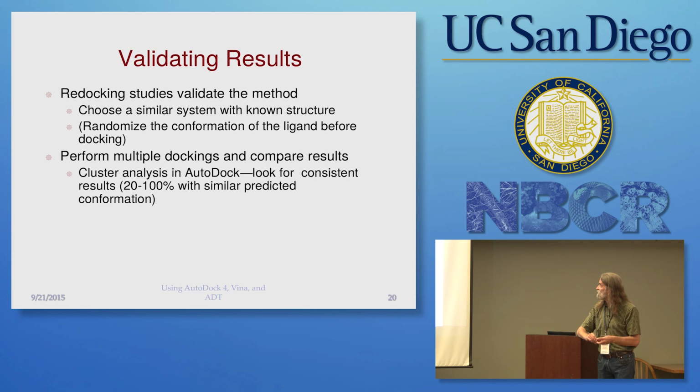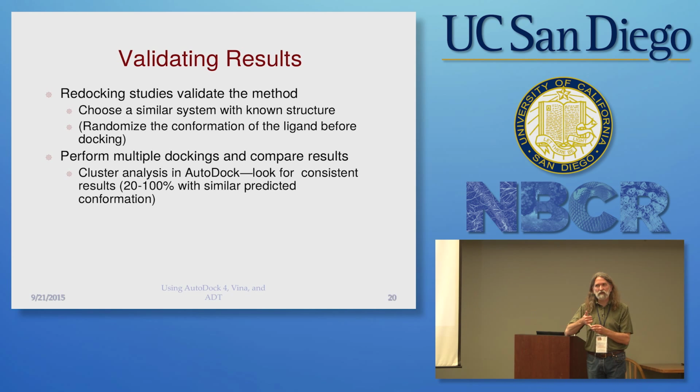And the way that you can validate that is to try to come up with a known structure. If your crystallographic structure has an inhibitor bound to it already, pop that out, do a redocking simulation just to see whether you can reproduce the experimental conformation first. Then you're pretty confident that your docking simulation is throwing enough computational energy at it to give you an answer that you'll trust, right? So those kinds of redocking validation studies are very common.